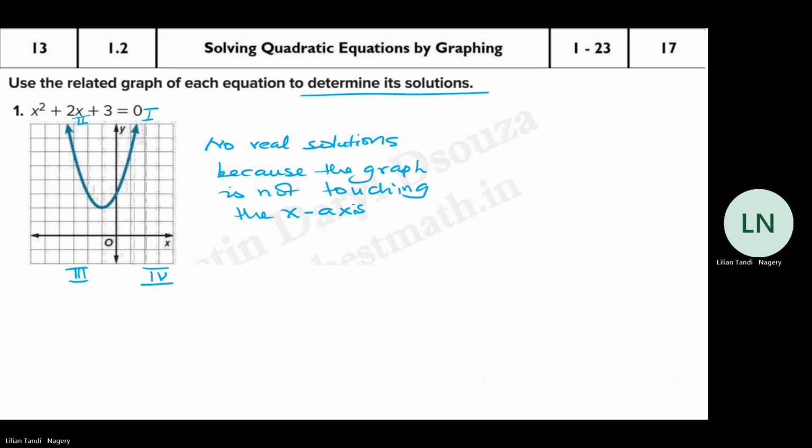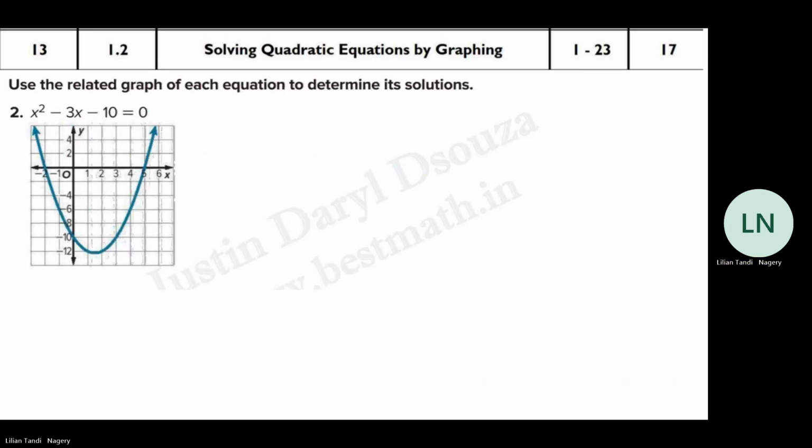All right. This graph has 2 real solutions. And the solutions are who? Negative 2, 0, and 5, 0.